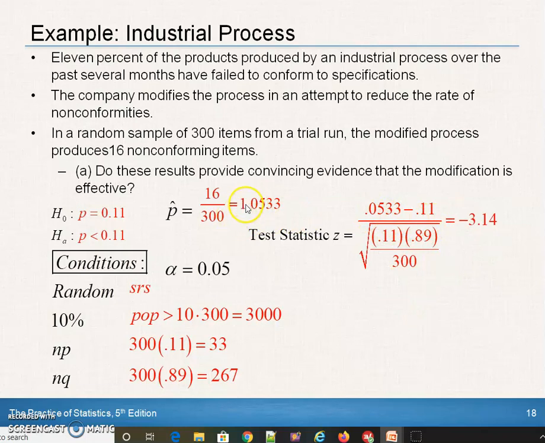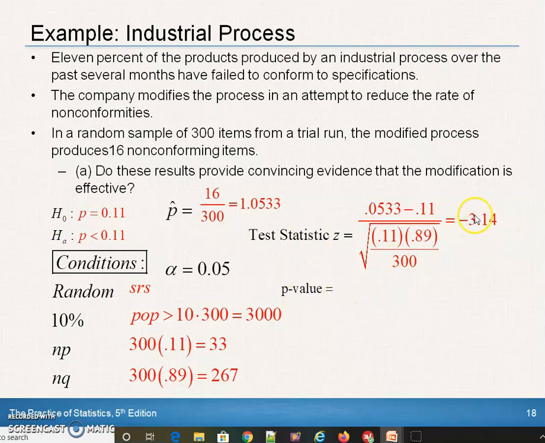Now, this number, 1.0533, is incorrect. It can't be 1 because 16 certainly isn't greater than 300. It's 0.0533. So it looks like it's better than 0.11. Is it good enough? Is the question. Our test statistic is negative 3.14.